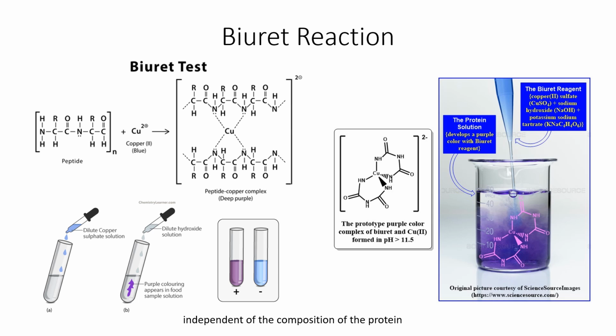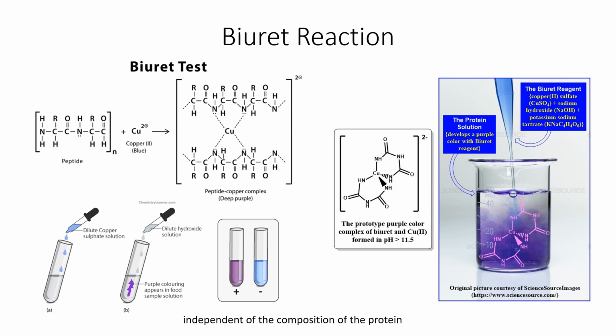So the first colorimetric method that I'm going to discuss is the Biuret reaction. The Biuret reaction is based on the complex formation of the cupric ion with the protein, as you can see here.